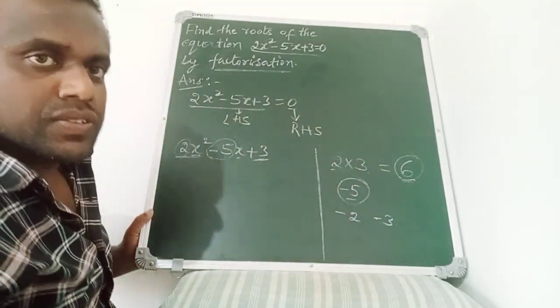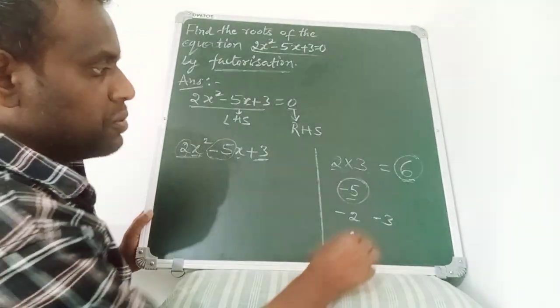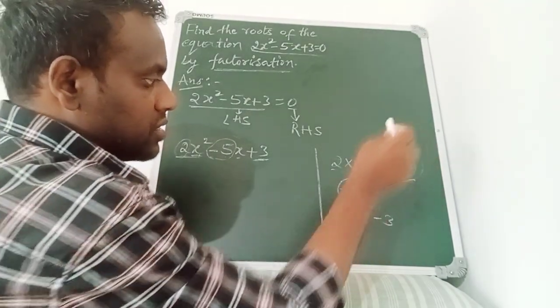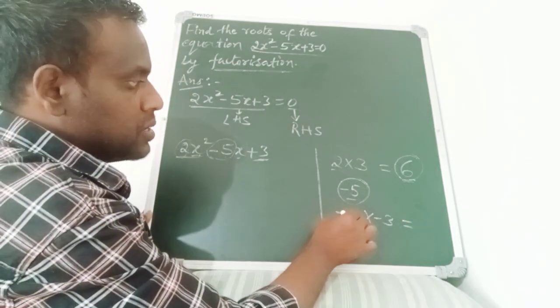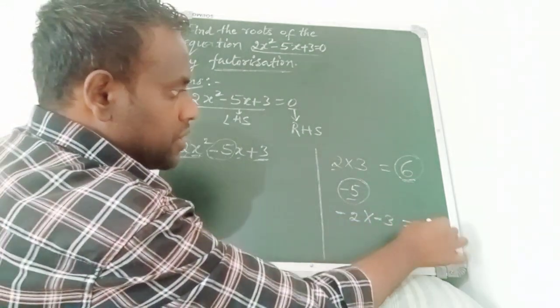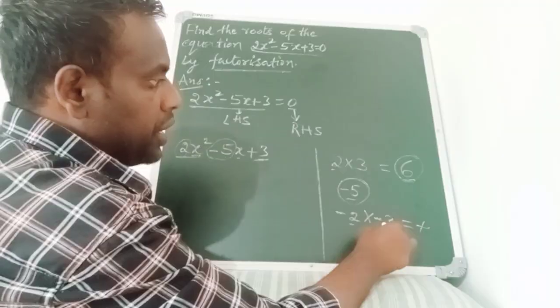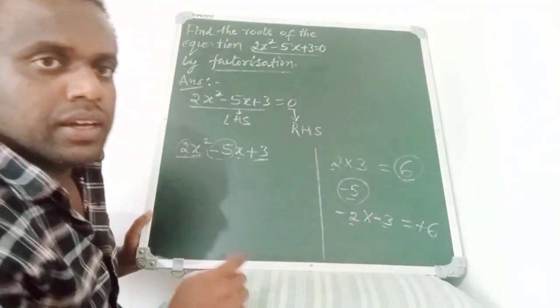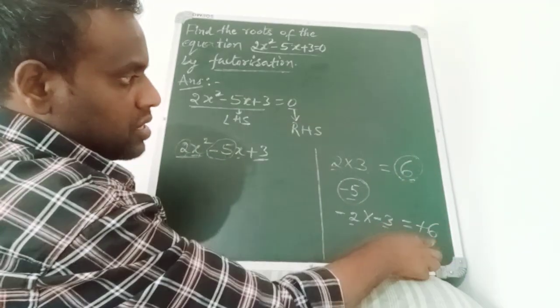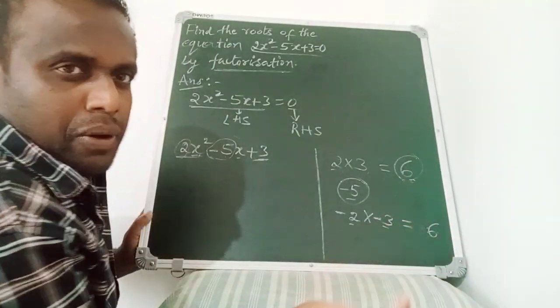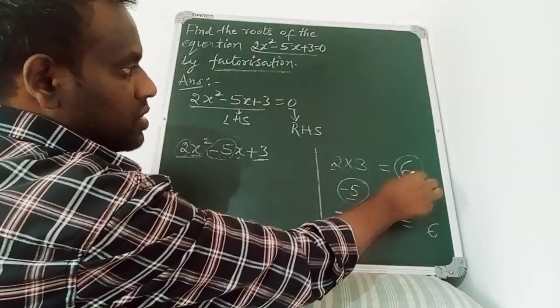Why? Because I said if you multiply this and this, you should get 6. So multiplying, minus into minus gives plus, and 2 into 3 is 6. Correct? Plus 6 or just 6, both are the same; you can remove the plus. So we got this 6.